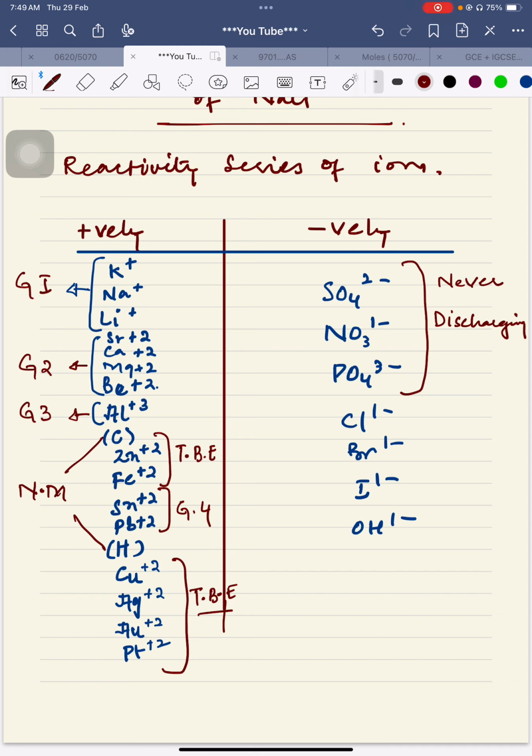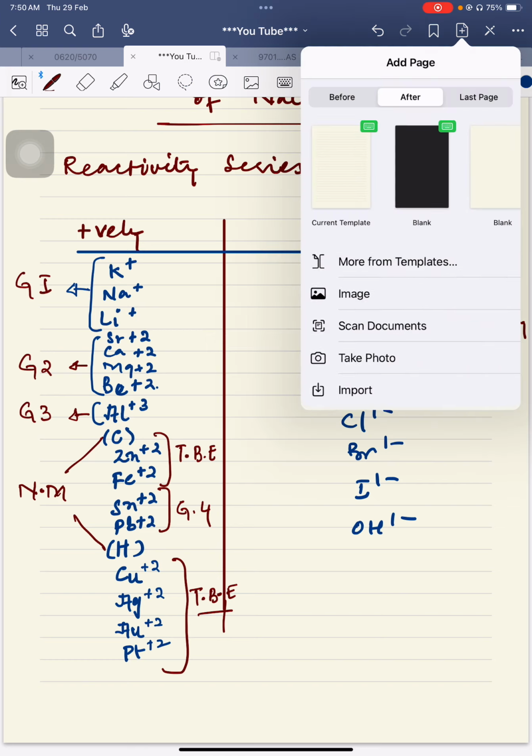So we can say that the reactions of electrolysis happen on specific surfaces which are called the electrodes. Back to the term of discharging, let me tell you one relationship.